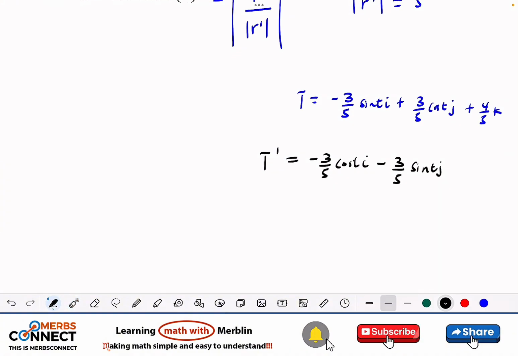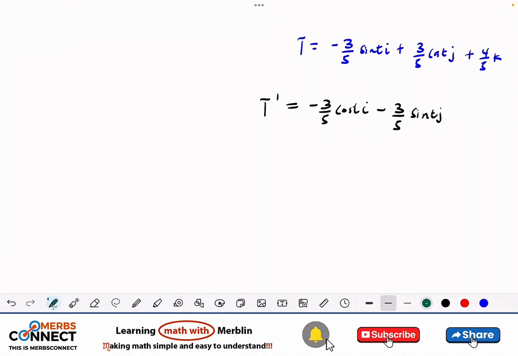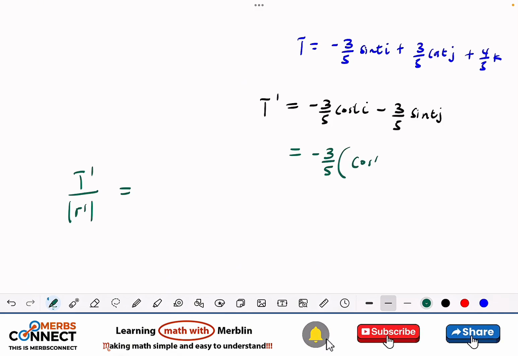So let's do that. I need t prime divided by the magnitude of r prime, which will be equal to, so t prime is, here I can factor minus 3 divided by 5 out. So I'm going to have cos t i plus sine t j.